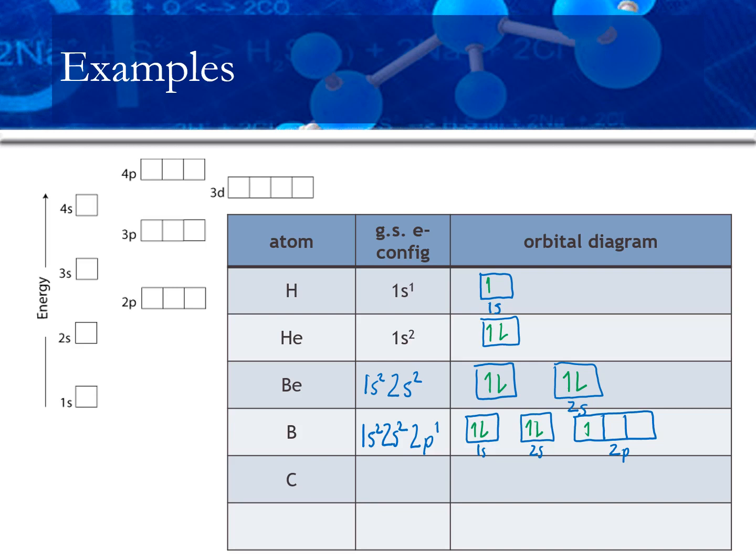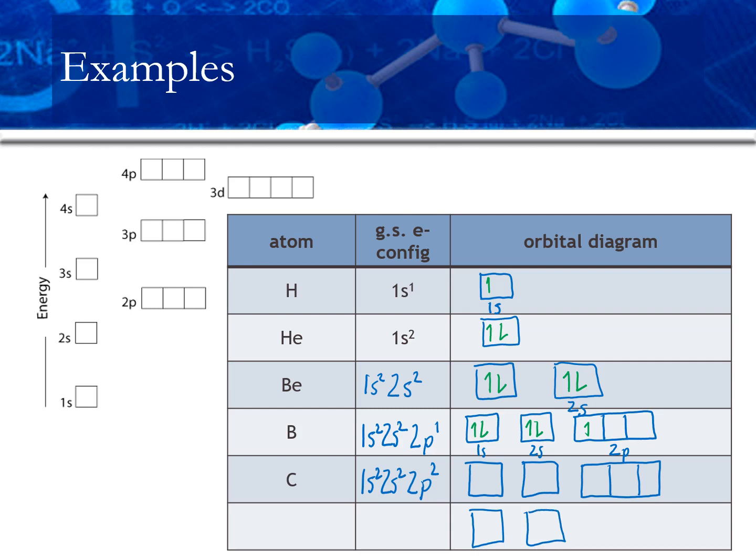For carbon, now we get up to 6 electrons. So 1s2, 2s2, 2p2. I'm going to draw the same boxes, and I'll just keep common labels with the example above. Now I've got 2 possible ways of doing this.